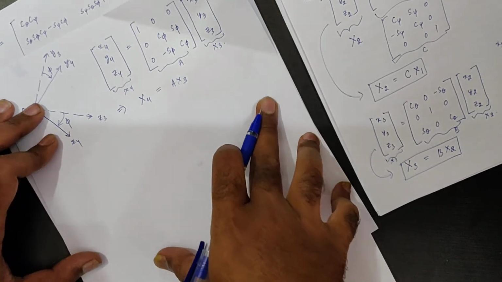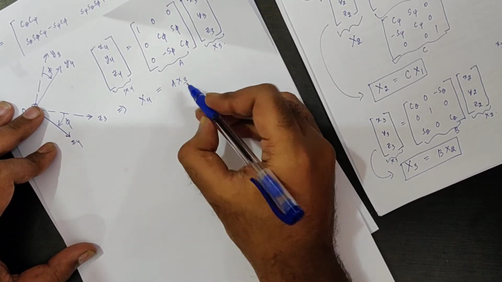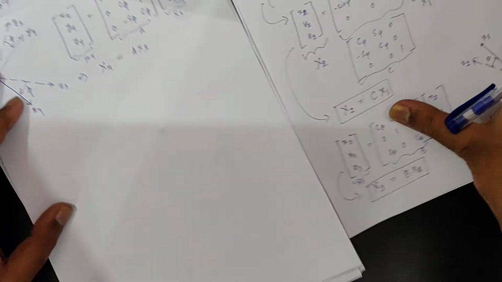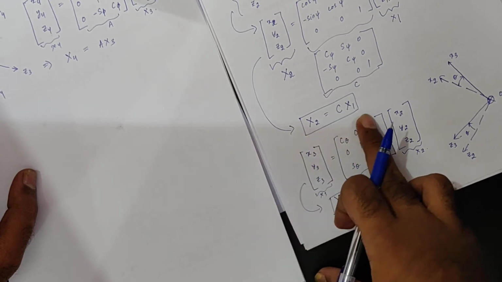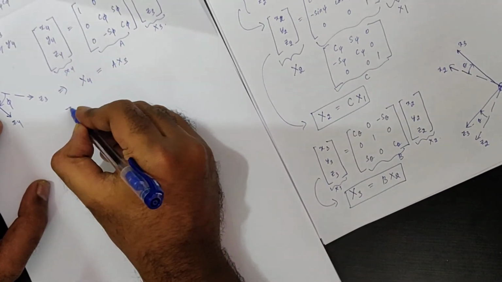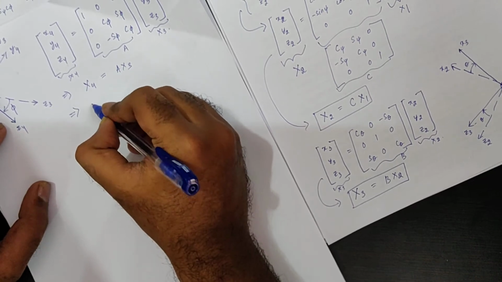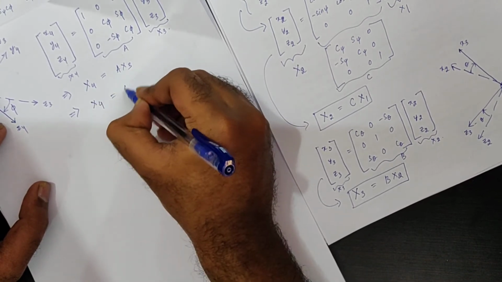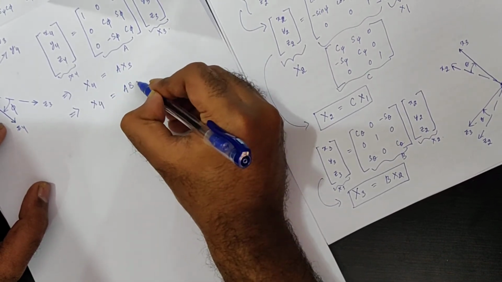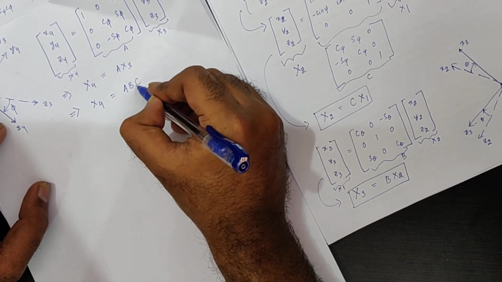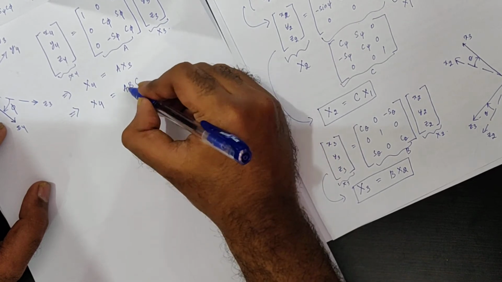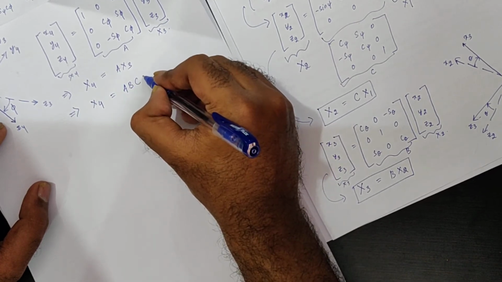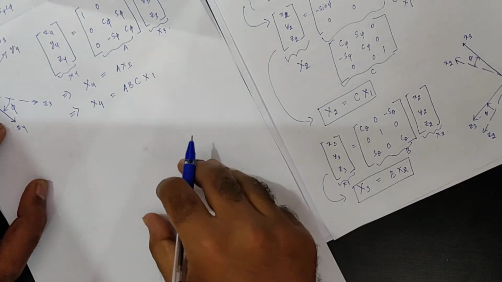Okay, now you see this x3 can be written as B x2 and x2 can be written as C x1. So this term can be written as x4 equal to A into B into C. So these are 3 cross 3 matrices each. They have been multiplied, matrix multiplication with x1, right?